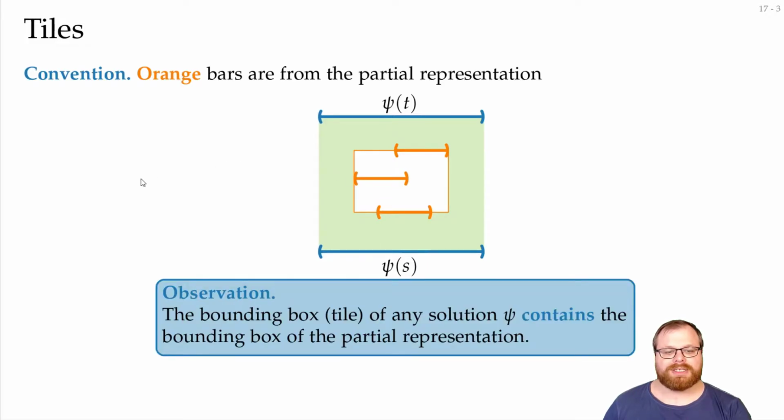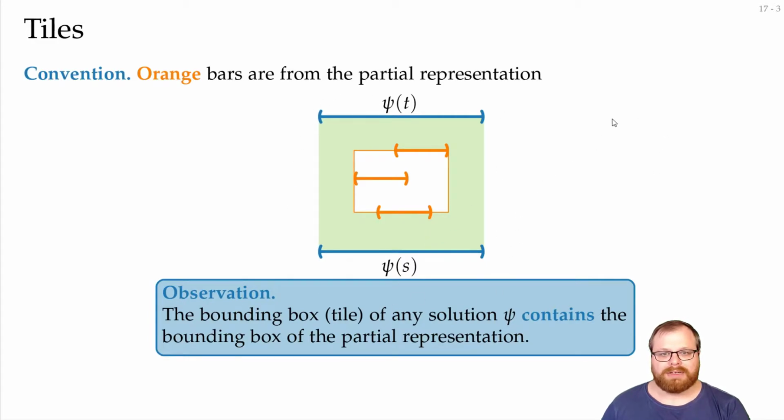Now the observation is that the bounding box of any solution here contains the bounding box of the partial representation. But the way it contains it can be different. So if we know this part here is already fixed, but we don't know anything about all the other bars, there's an infinite number of possibilities how we can place all the other bars to get a representation of the whole thing.